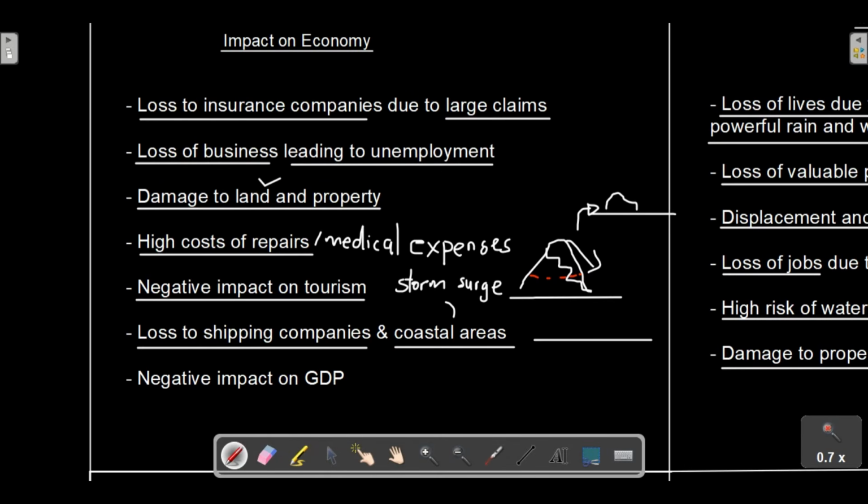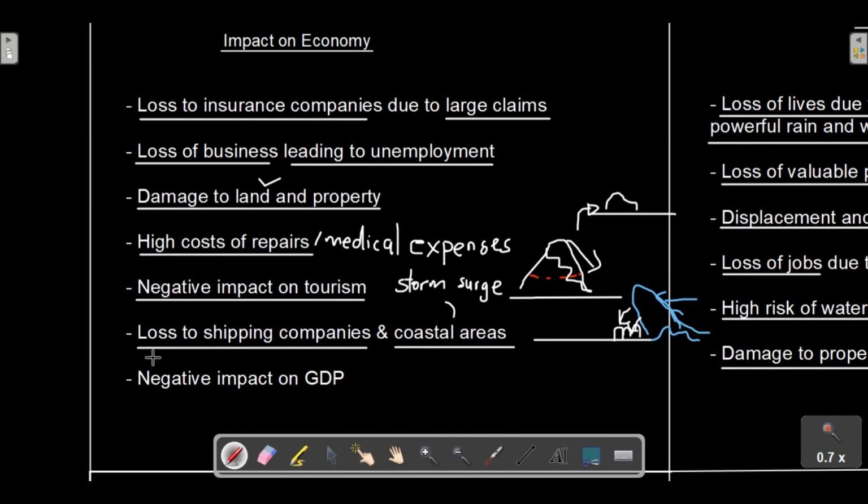So if you live close to the ocean and a tropical cyclone approaches, a tropical cyclone is able to displace huge amounts of water from the ocean, and of course displace them to these coastal areas, and hence there's a lot of damage that we see. Okay, a lot of flooding we see in low-lying areas, which are usually coastal areas.